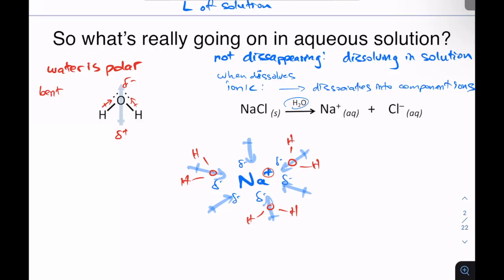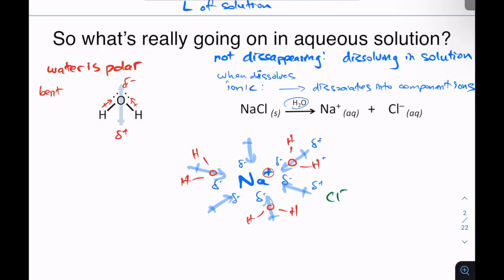Now, there's also chloride ions in solution as well. So here's the delta positive side of the dipole of water. Well, that's going to be associated then with where the chloride ions are in aqueous solution. Okay. So yes, there's an overall attraction for sodium and chloride ions together when there's just a solid.